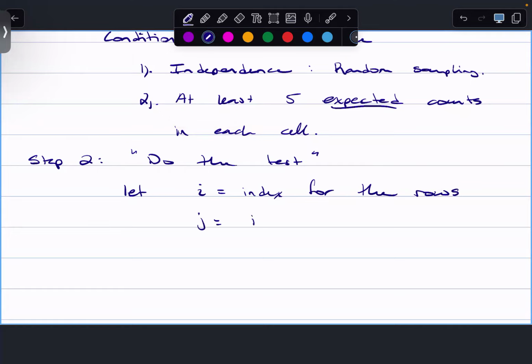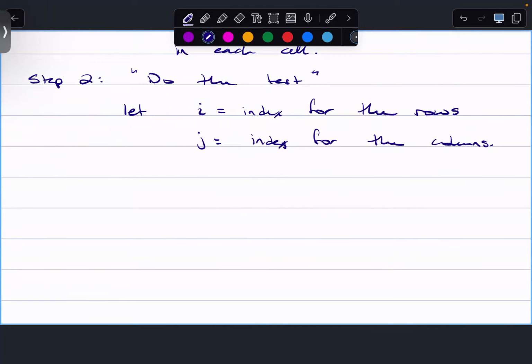And let J be the index for the columns. Then the expected count at IJ, right? Moving through row 1, column 1, row 1, column 2, right?